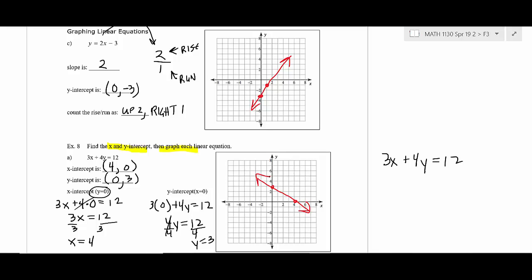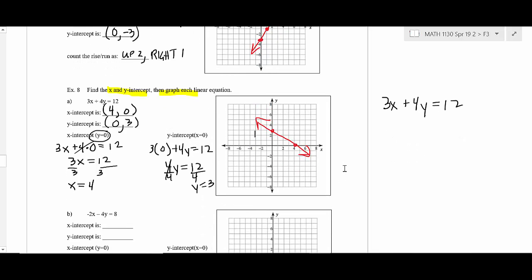If you want to do an x-intercept, just block off y. What's the solution to that equation? 4. If you want to find the y-intercept, block off x. What's the solution? 3. See what I mean? There's your x-intercept. There's your y-intercept. So a lot of times if you're in general form, you can do that really quickly and just do it in your head. And you want to be able to do stuff like that if it's in general form.